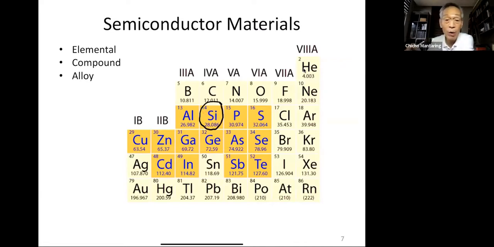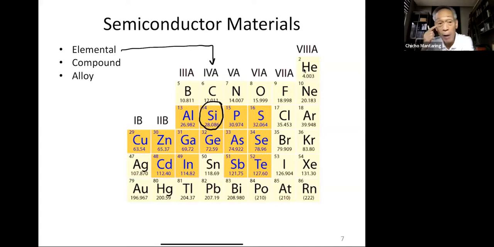In the older days of semiconductors, germanium was more commonly used than silicon because it was more available and easier to process. But nowadays, 99% of all semiconductor devices use silicon. This is what you call your elemental semiconductor.